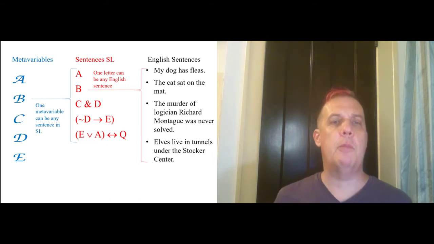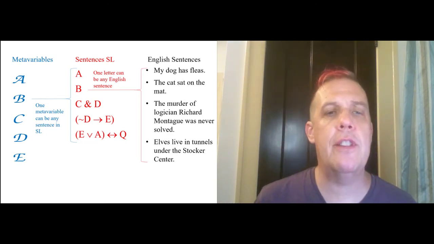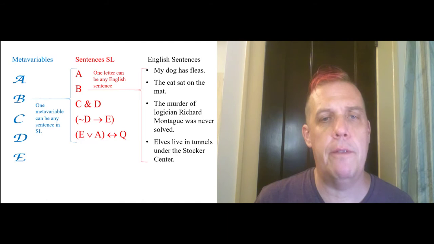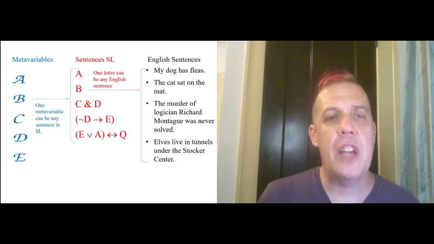And meta variables are important here. We can think of 2 layers of variables. The sentence letters A, B, C, D, etc. in red are variables that can represent any English sentence.